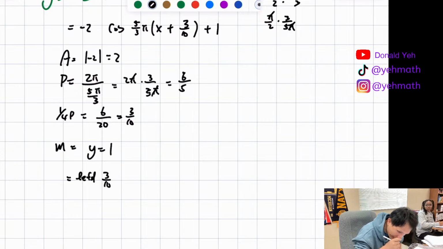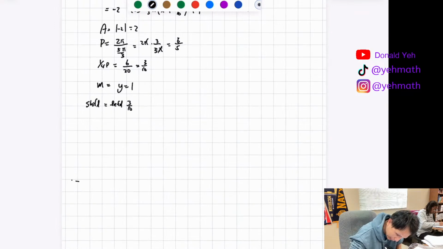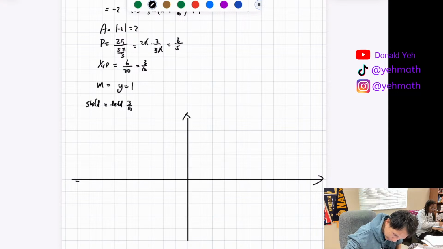So if you realize this one has no pi, this one has no pi, so we should be able to graph the whole thing. So it's going to be 3 over 10. So this part is going to be 3 over 10. Luckily they are the same. And this one is going to be 6 over 10.